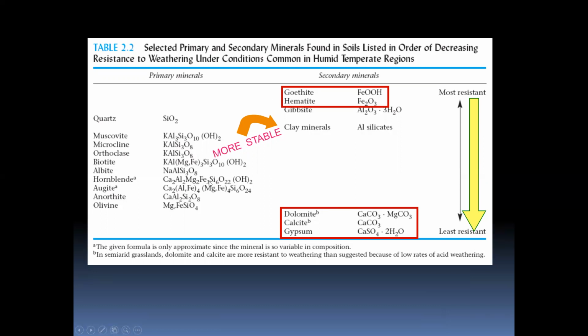When primary minerals are converted to secondary minerals, some types of secondary minerals are also more resistant than others. Goethite, hematite, and gibbsite are secondary minerals which are more resistant to weathering than calcite and gypsum. The same goes for primary minerals. If you have a rock composed of quartz, then it will be more resistant than a rock made of olivine.